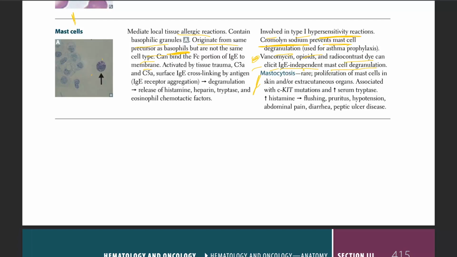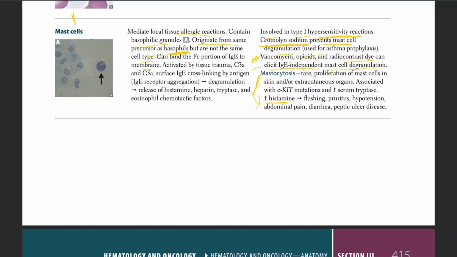Now let's talk about mastocytosis. Mastocytosis is a rare proliferation of mast cells in the skin and/or extracutaneous organs that is associated with c-KIT mutations and an increase in serum tryptase. What do we mean by that? We have an increase in histamine.